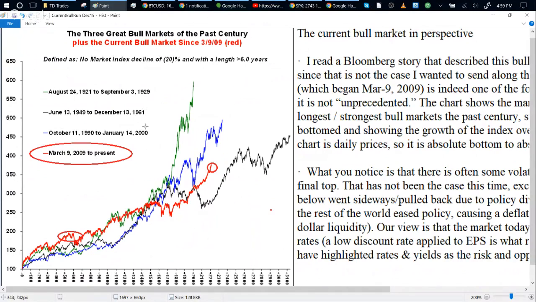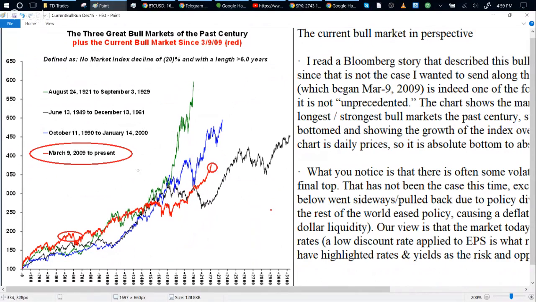It's not as steep as the bull run of the 1920s, the roaring 20s, right? From 1921 to 1929, this 8-year period right here was even steeper, okay? The red is the current run.